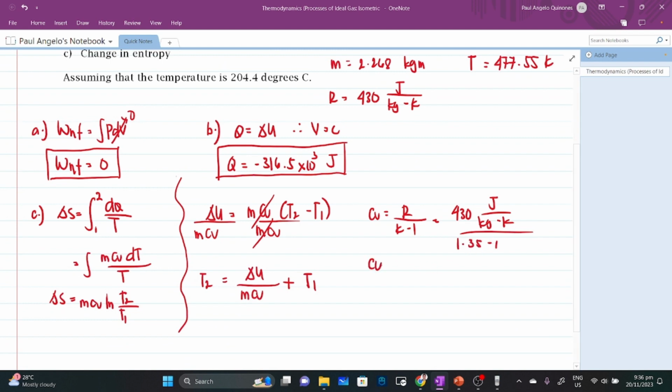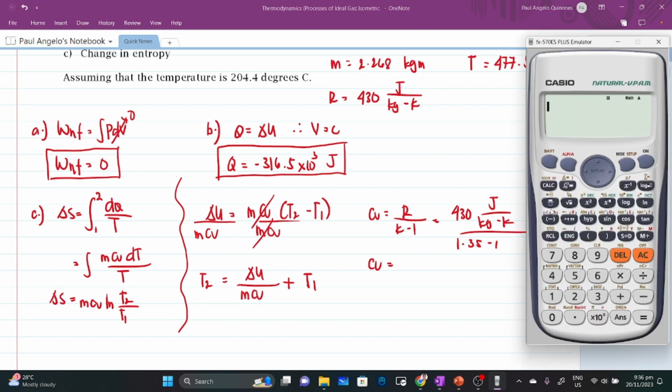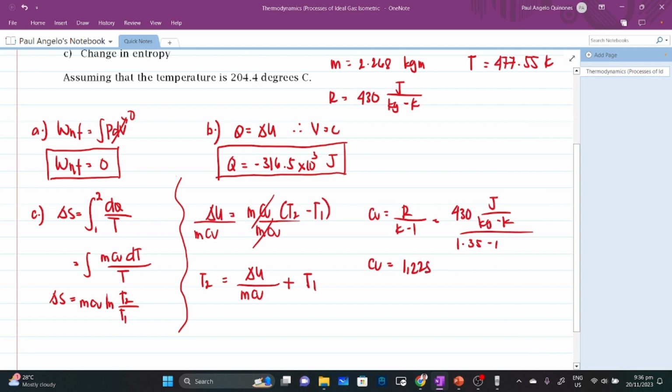So cv is equal to 430 divided by (1.35 minus 1), that is equal to 1,228.57 joules per kilogram Kelvin.